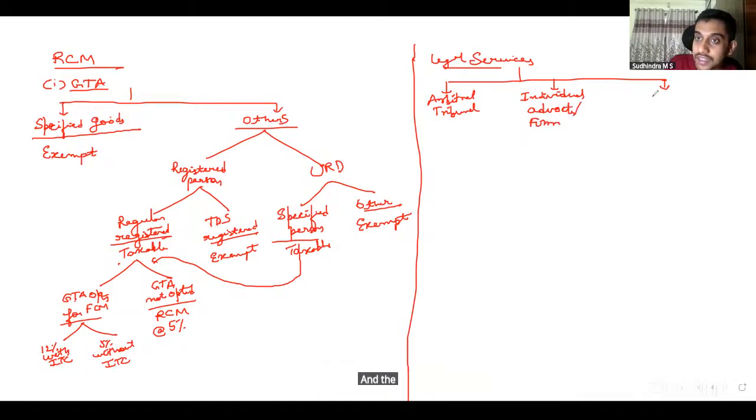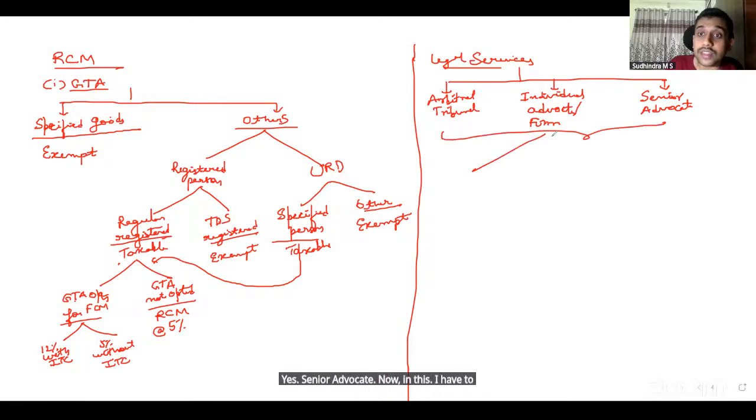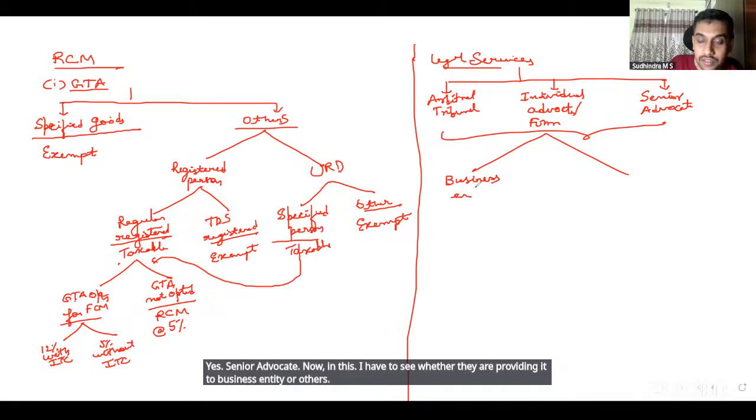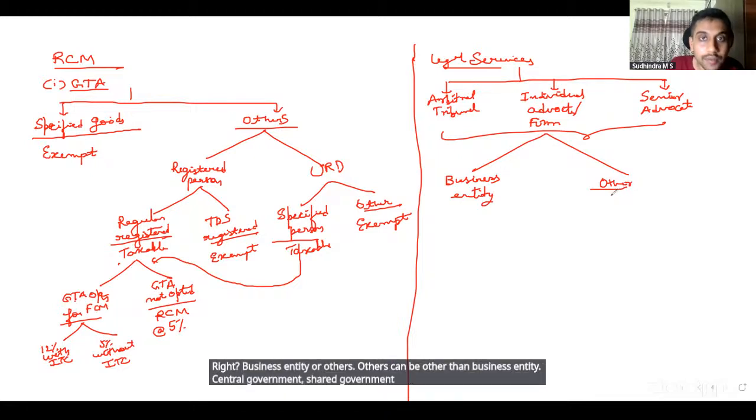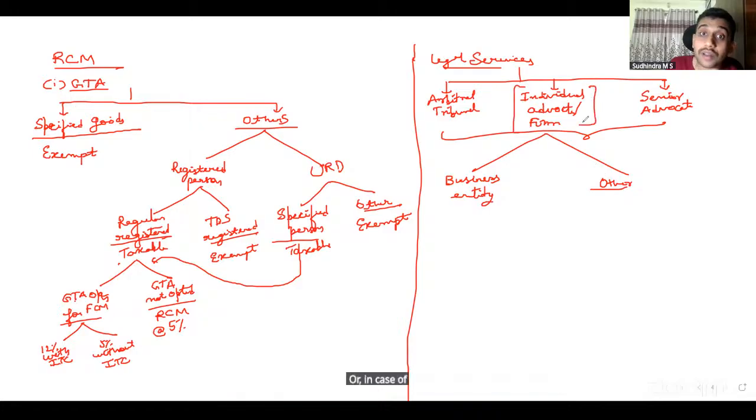And the third category, senior advocate. Now, in this, I have to see whether they are providing it to a business entity or others. Others can be other than business entity: central government, state government, union territory, local authority, governmental entity, government department, or in case of individual advocate or firm, another individual advocate or firm.